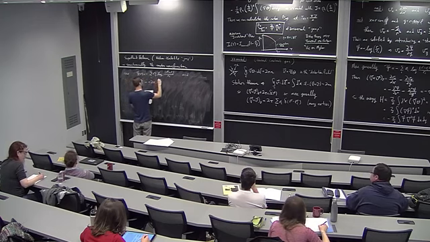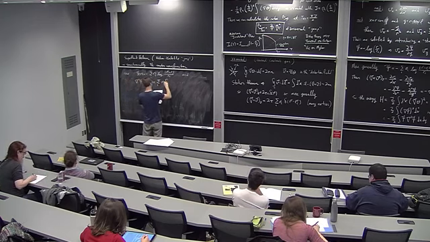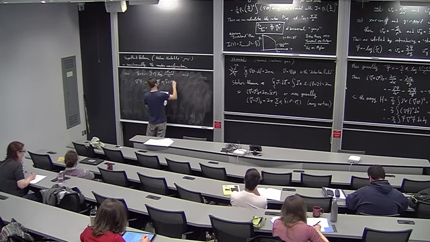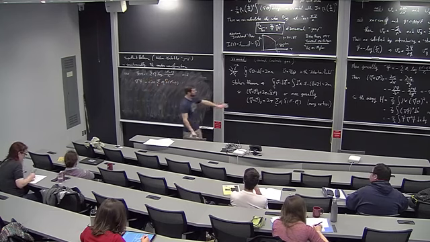Minus 2 pi sum over i and r minus r_i from this.